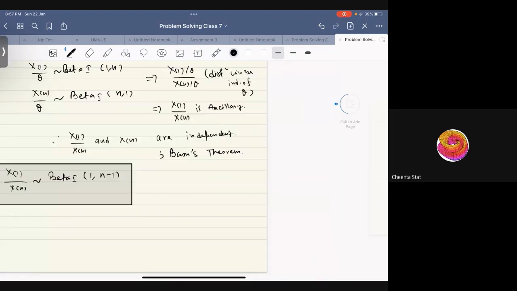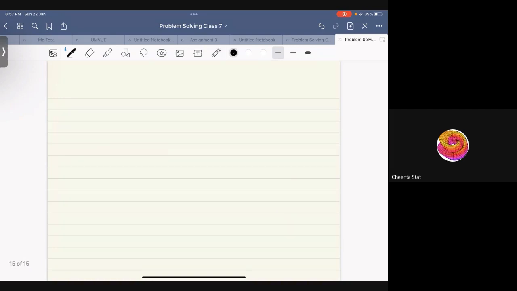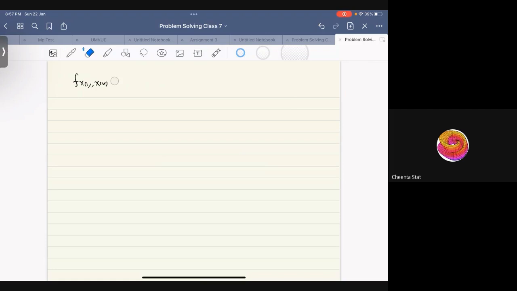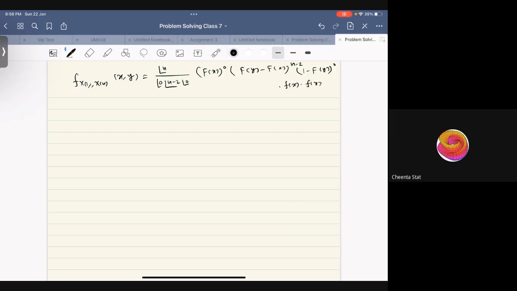So just find the joint density of X order 1 and X order n. That f(x, y) will be n factorial by 0 factorial, (n minus 2) factorial, 0 factorial, F(x) to the power 0, (F(y) minus F(x)) to the power n minus 2, (1 minus F(y)) to the power 0, f(x) f(y), for x less than y less than theta.